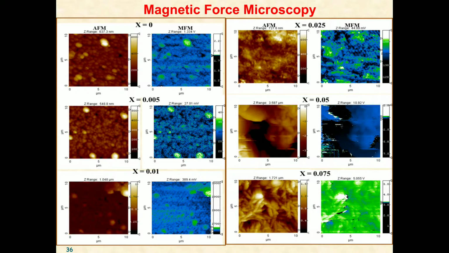The magnetic mapping of surface topography was done with the help of MFM, that is magnetic force microscopy. From these pictures it is observed that there are magnetic clusters mimicking the topographic features, and magnetic aggregates of irregular shapes.